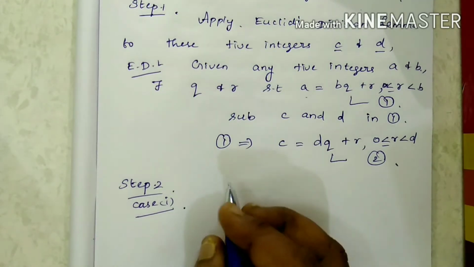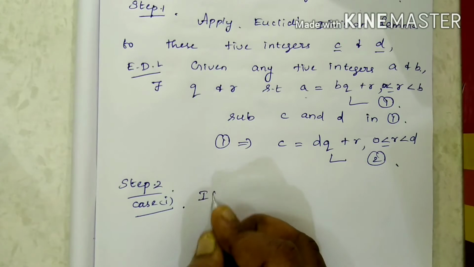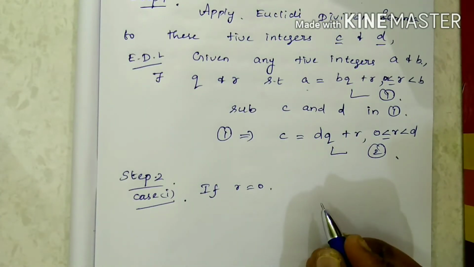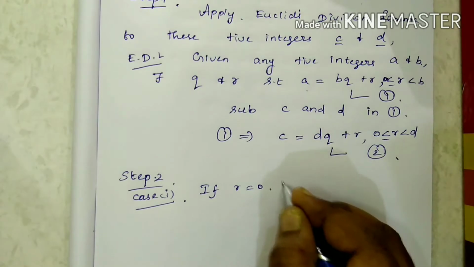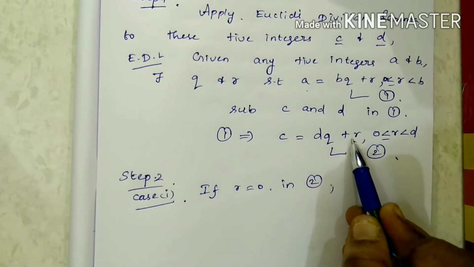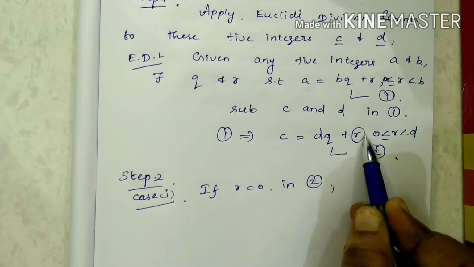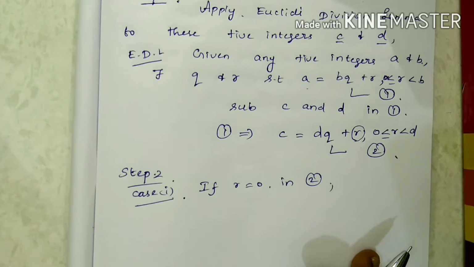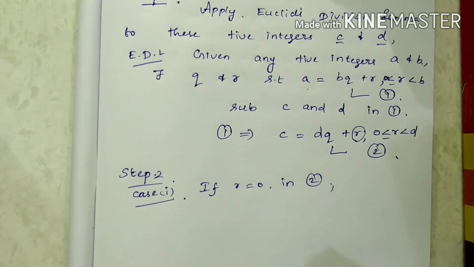First we can see about the case where R equals 0. That is, if R becomes 0 in equation 2, what would happen? That is only our case 1 condition.